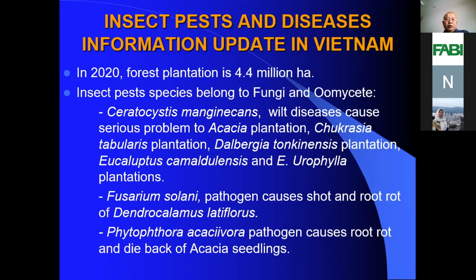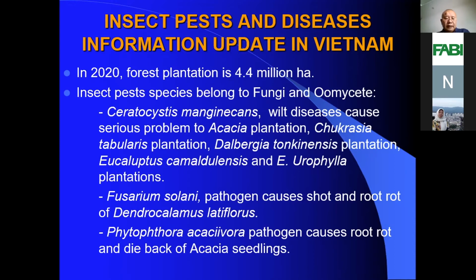Now it is a serious problem for acacia plantations and Chukrasia tabularis plantations, Tarrietia tomkinensis plantations, Eucalyptus camaldulensis, and Eucalyptus urophylla plantations. From 2010, it was only found in acacia, but now we can find it in many species, including exotic and native species.